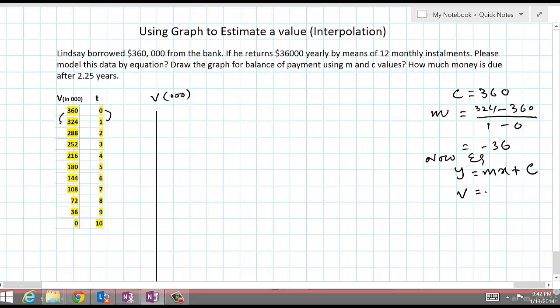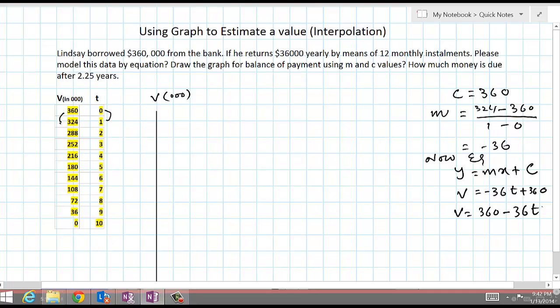M is minus 36. X is what? X is the independent variable, which is t in this case, plus c. What is the c value? That is 360 thousands. Or in other words, you can see v is equal to 360 minus 36t.